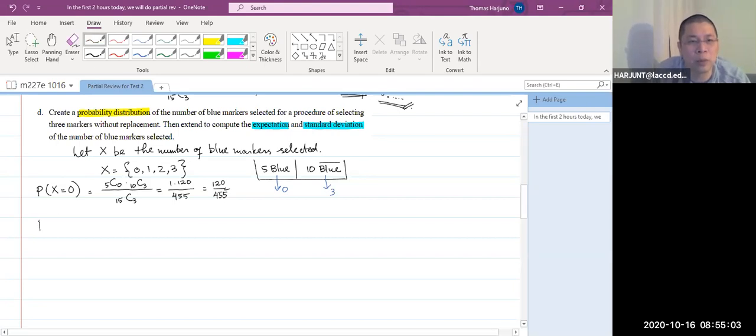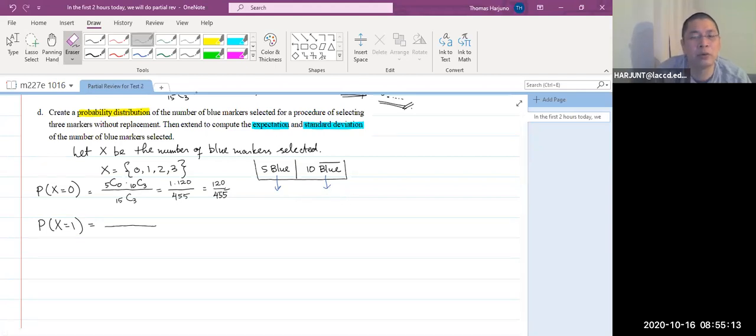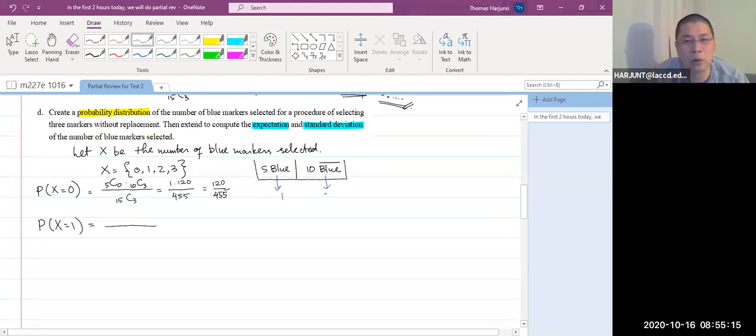Let's do the probability that x equals 1. What is the probability that when you select 3 markers from this box here, you get 1 blue and therefore the other 2 not blue? That will be 5 choose 1 times 10 choose 2 over 15 choose 3.